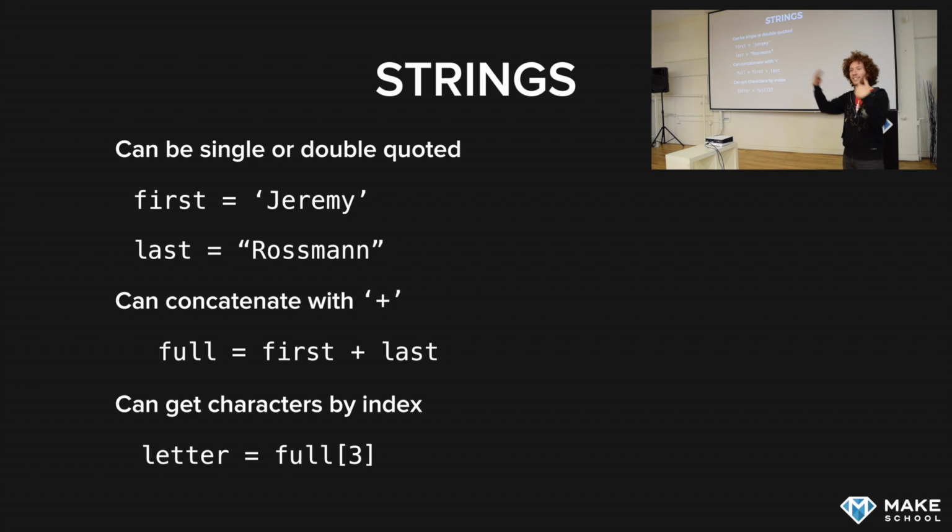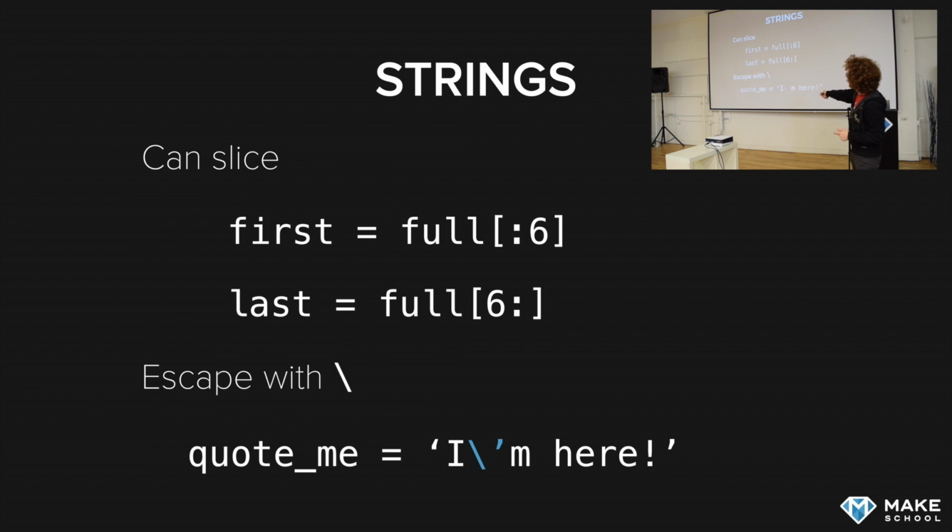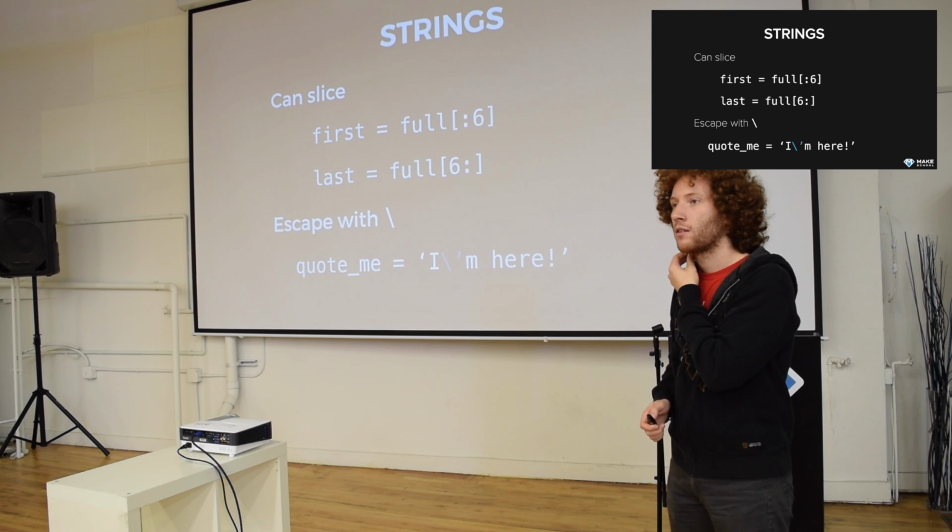So it'll return the first 6 letters, ending at the 5th index. So the way that we've set it up, because Jeremy has 6 letters, first equals full with this type of slice will return only Jeremy out of Jeremy Rossman. Last equals full with that slice will return Rossman only.